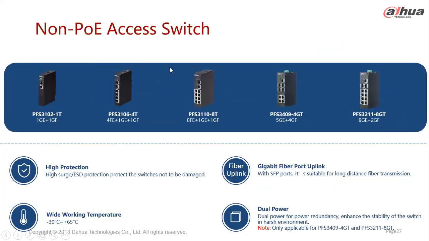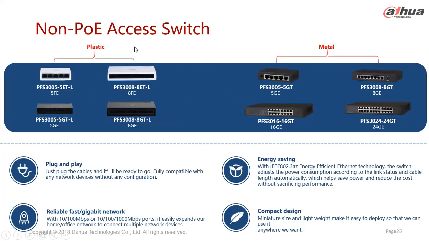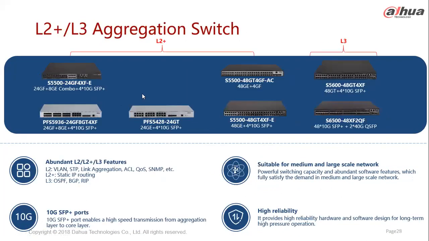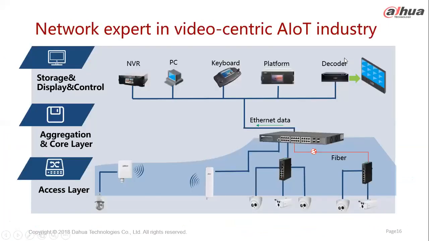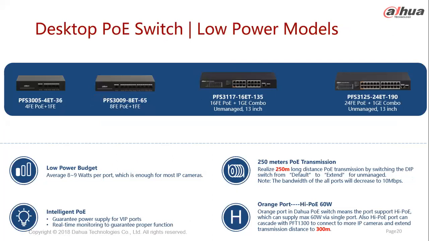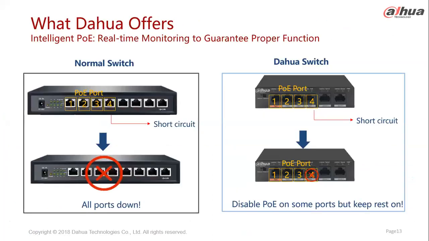When we're talking about the classification of switches, we had access switches, aggregation and core. So we are done with the access switches side. Now we're going to talk about the aggregation switches, then we go to the core. Let me just get onto the slide.